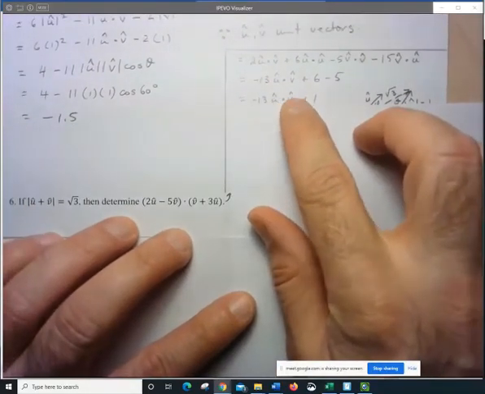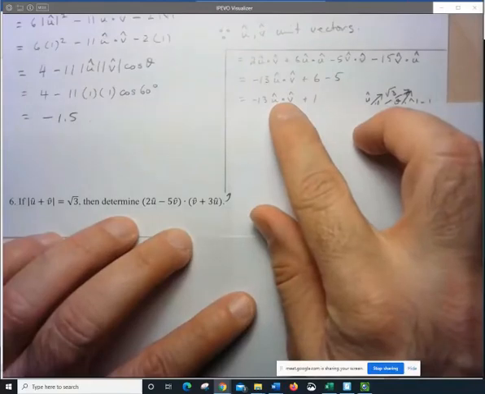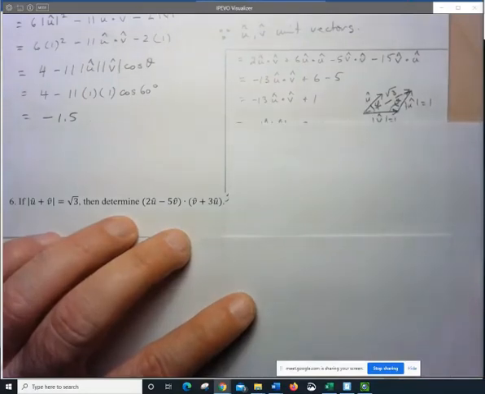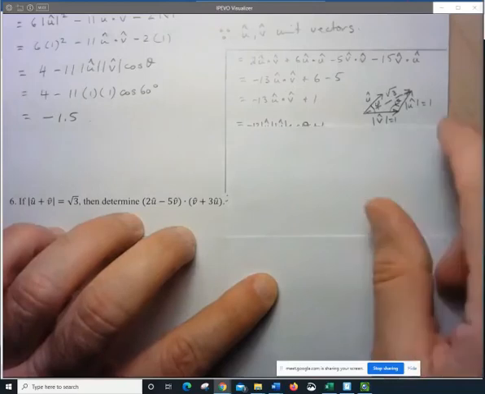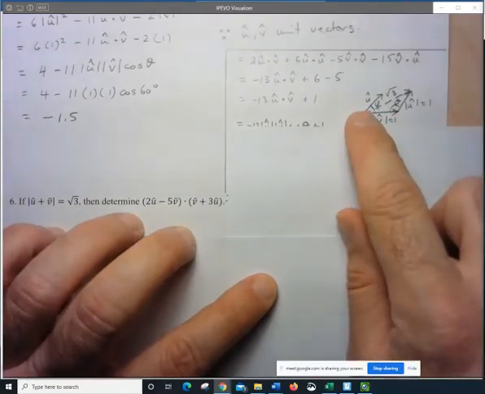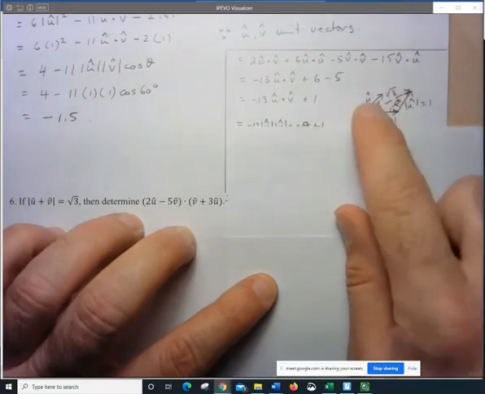But now I have to calculate u dot v. I know the two magnitudes, but I do not know the angle between them. So this is where I have to really do something geometric, and I actually have to use the fact that I know the sum. So what did I do here? I place my two vectors, u and v.